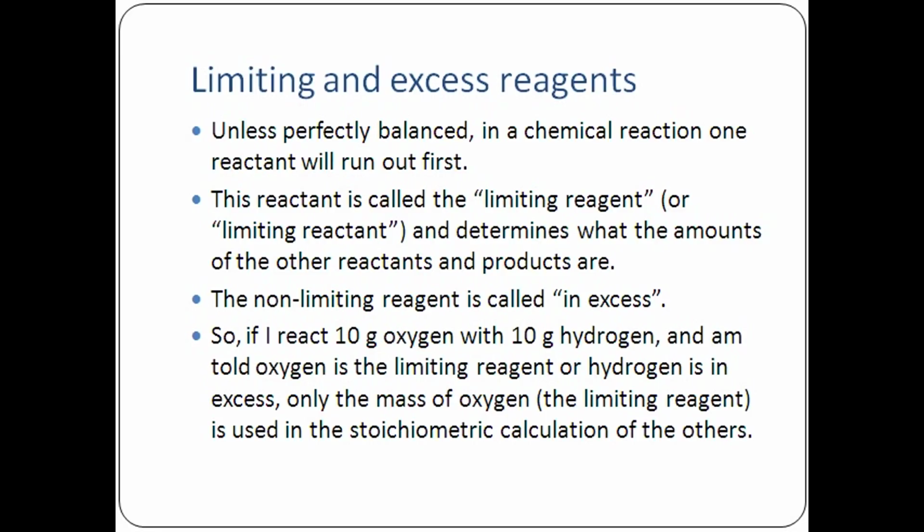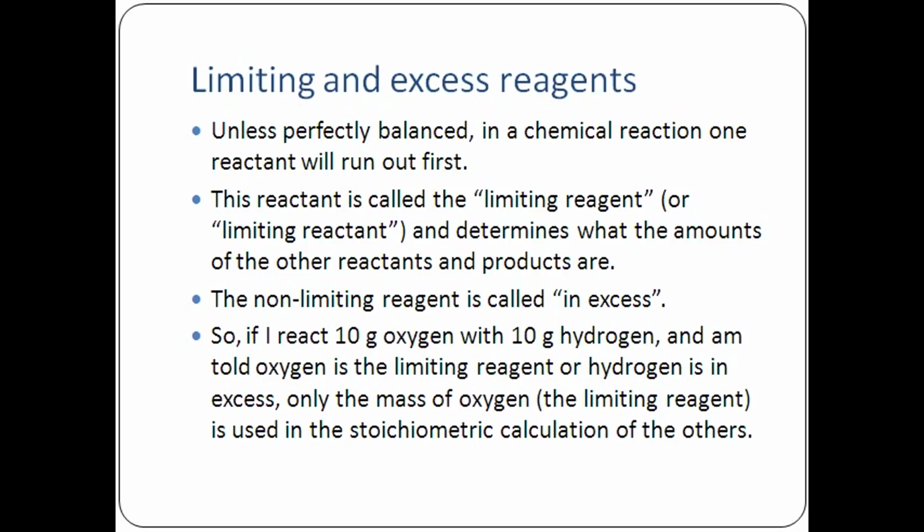This limiting reagent, the one that runs out first, is the one that determines what everything else will be, what the masses of the other products will end up being, and in fact even what mass of the excess reactant will be used.